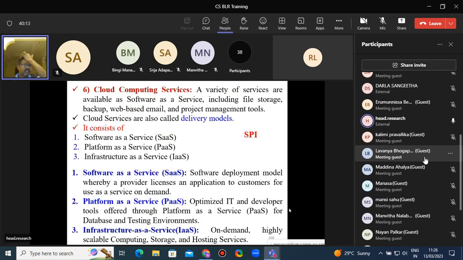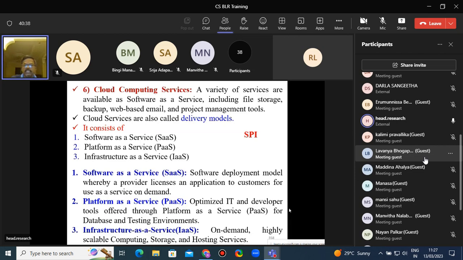Then the sixth concept is cloud computing services. A variety of services are offered as a service, including file storage, backup, web-based email, and project management. Cloud services are also called delivery models.